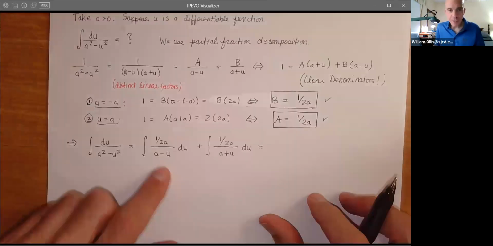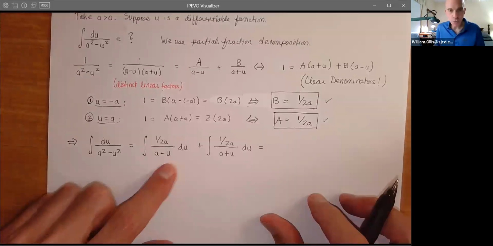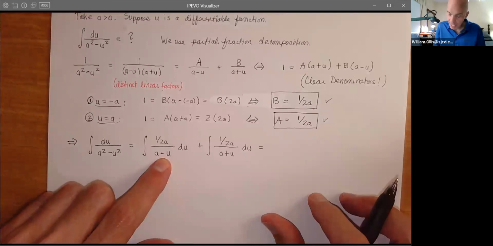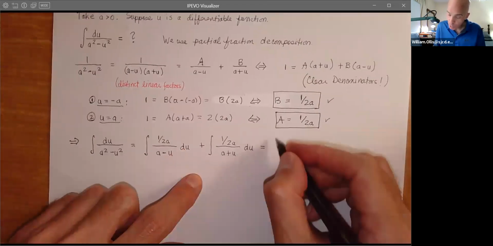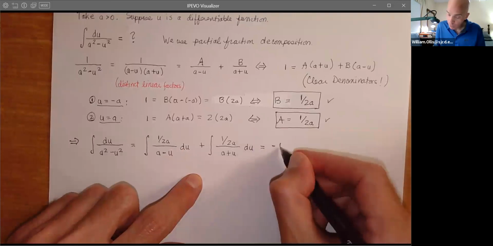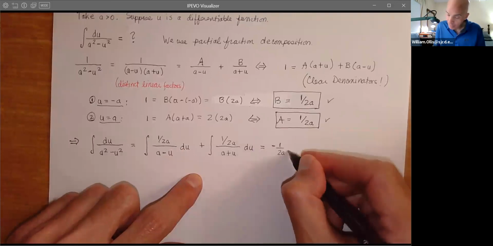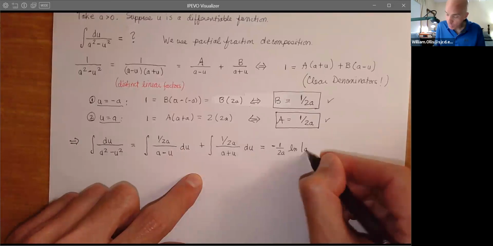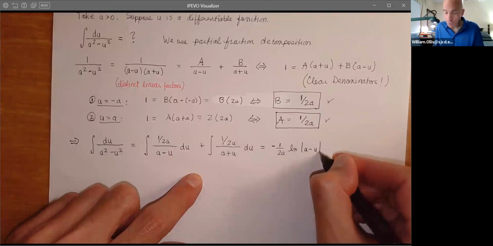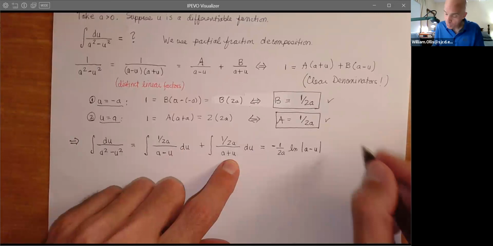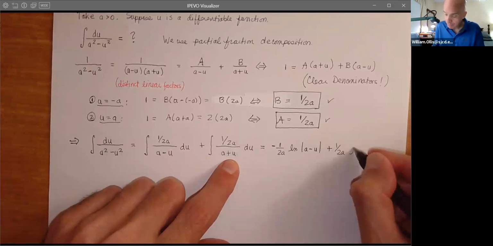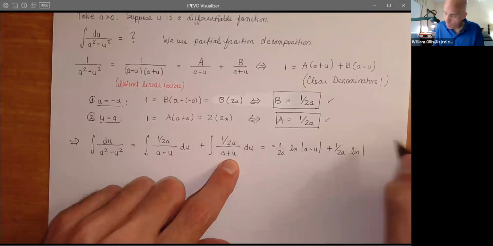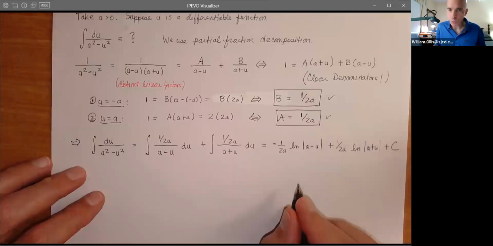Now, of course, this is just a du over u, but notice we have the negative, so we need the negative out front. We need a negative here and then negative to pay for it. So this will be negative 1/2a ln of a minus u. Now, of course, we have no negative here, so this will be plus 1 over 2a ln of a plus u. When it's so easy, it's sometimes difficult, plus that arbitrary constant which we need.